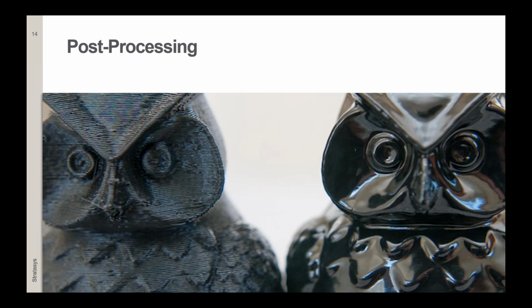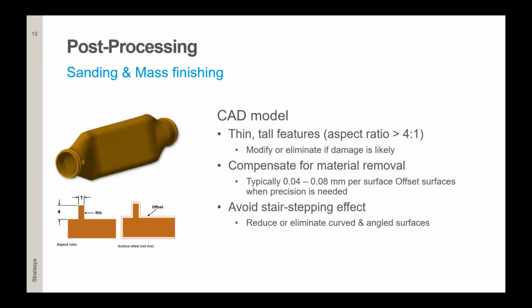Normally, thinking about post-processing ahead when creating a model can really help to speed up the process. So let's take a couple of them as examples. If the model needs to be sanded or used with a mass finishing technique, you have to think about details.